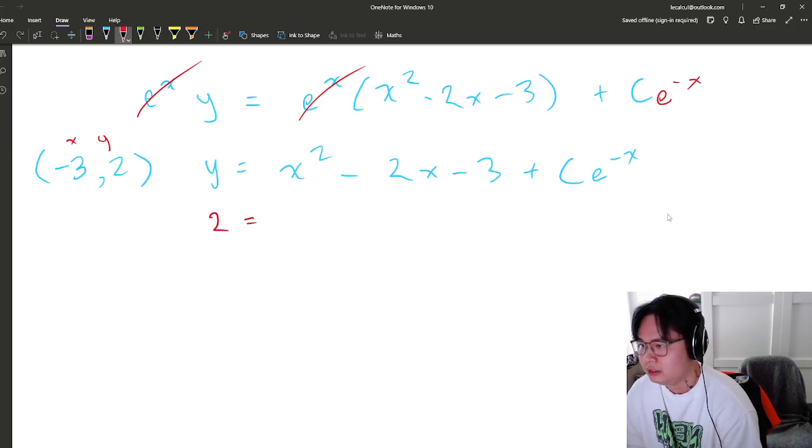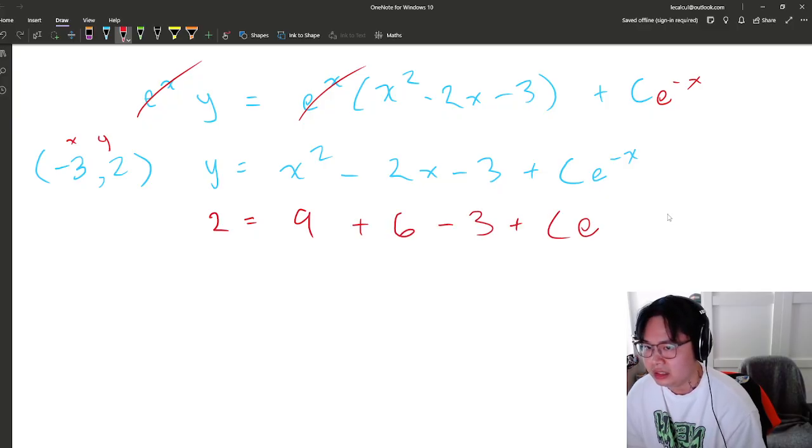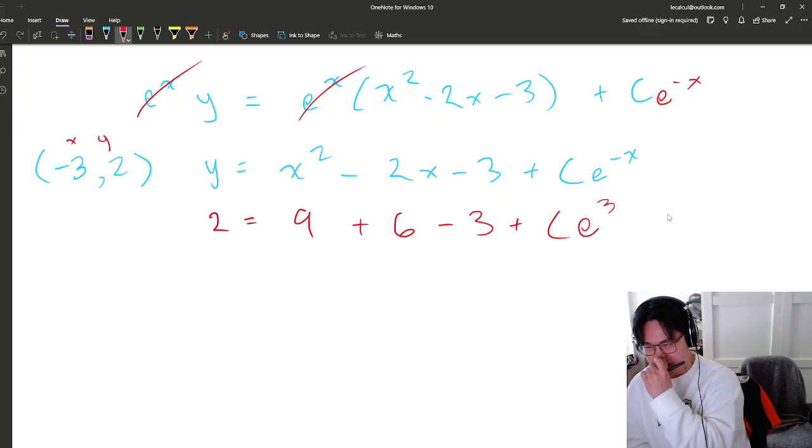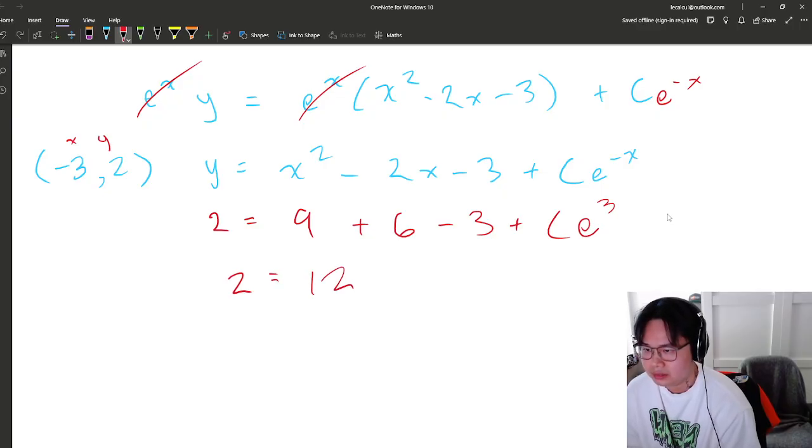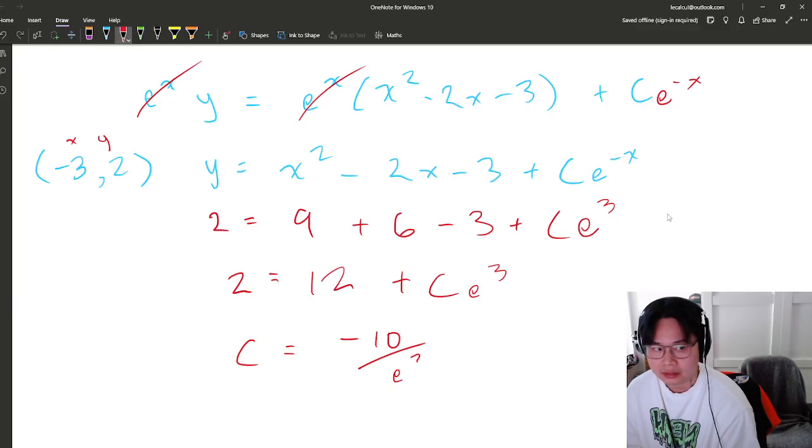Figure out what c will be for these values of x and y. So 2 equals 9 plus 6 minus 3, plus c e to the negative 3, I think. Okay, what is this? 12 plus c e to the negative 3, so c is negative 10 over e to the 3.